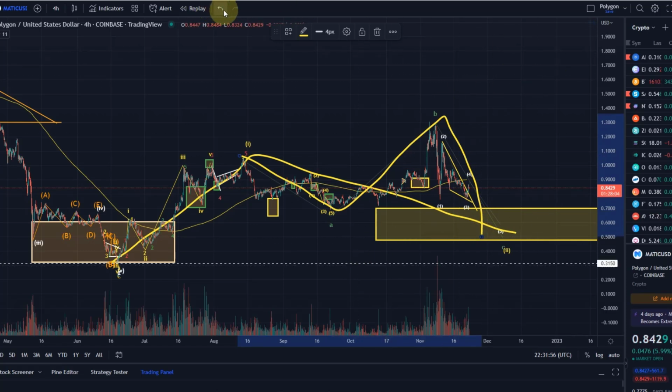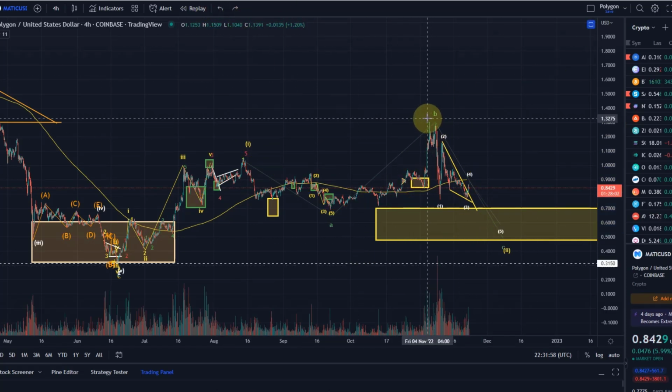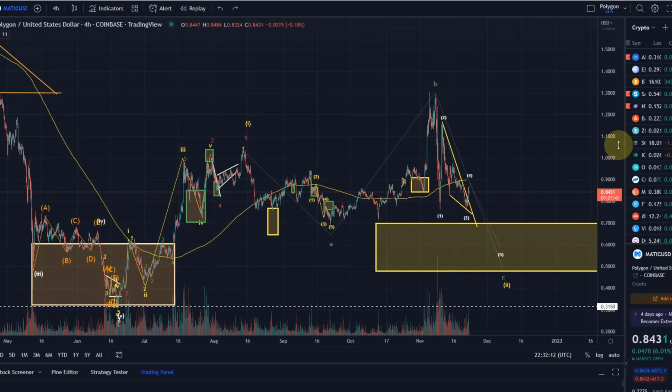And as you might know, if you have an overshooting wave B, you need to go below the low of the A wave. So we need to get at least below 69 cents. Well, we don't need to. Nothing is a must, but the alternative would be that this move down here is just a so-called running flat pattern, which is extremely rare.